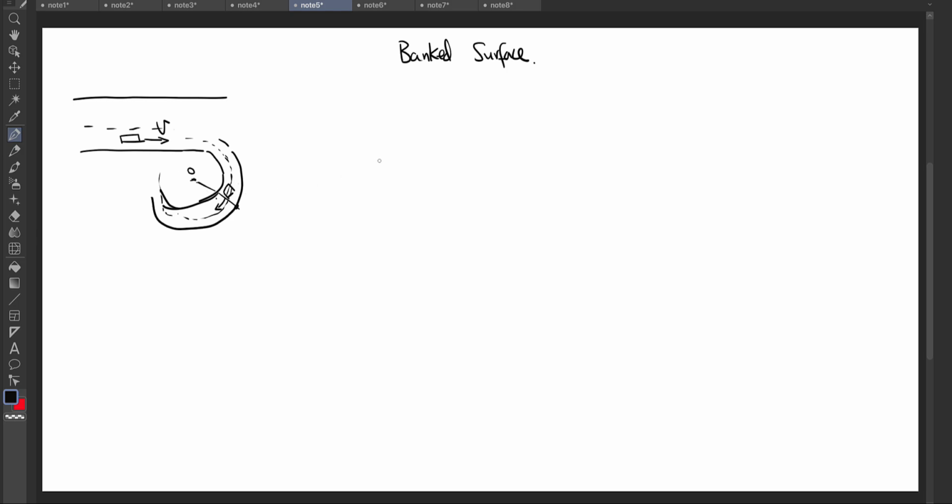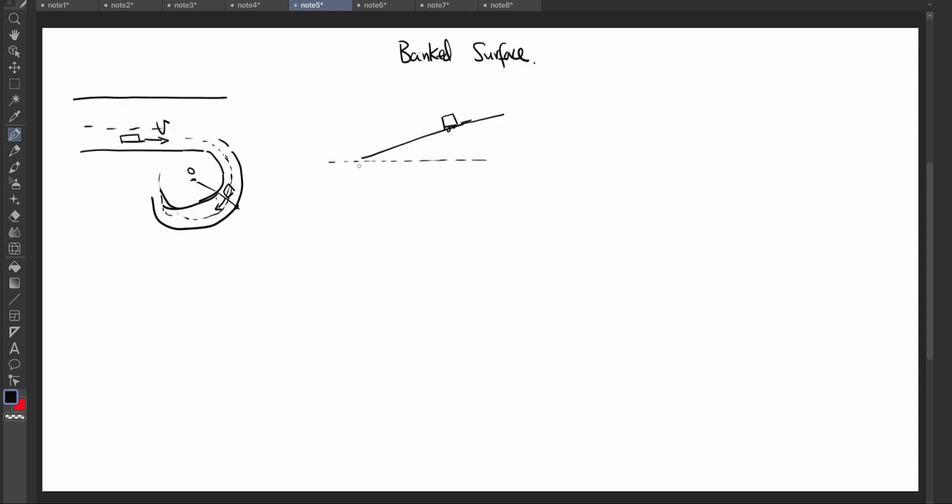You will see a surface that looks like this. Here the dashed line is the horizontal direction, and that is the surface of the ramp, and the car is driving on this banked surface.